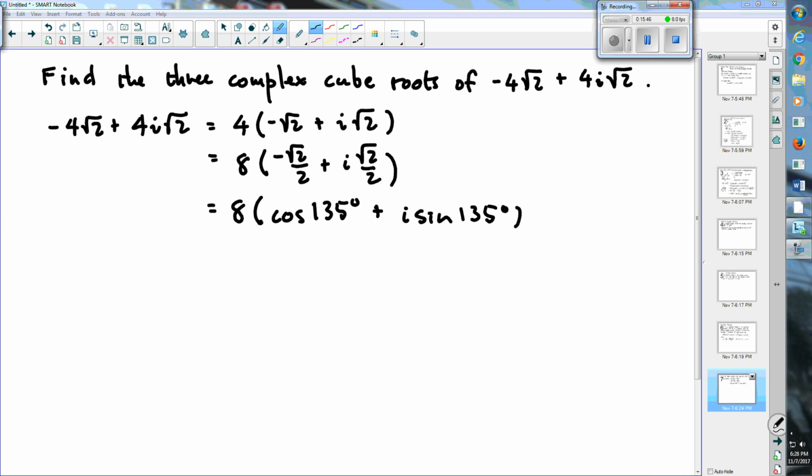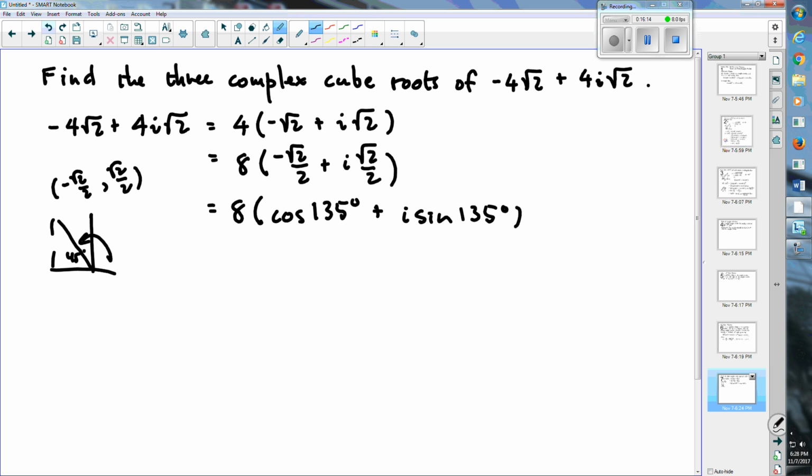Now what I did here, I kept factoring out numbers, meaning the 4 right here and then the 8, until inside the parentheses, I got the coordinates of a point on the unit circle. And that point, let me just write this, negative root 2 over 2, root 2 over 2. That puts me in the second quadrant, and it gives me a 45-degree reference angle.